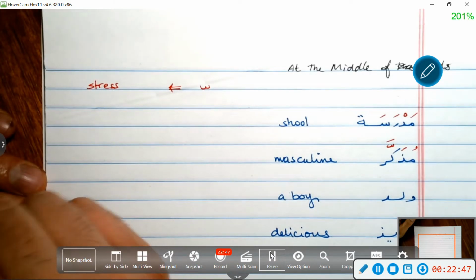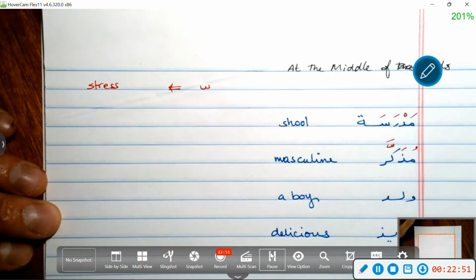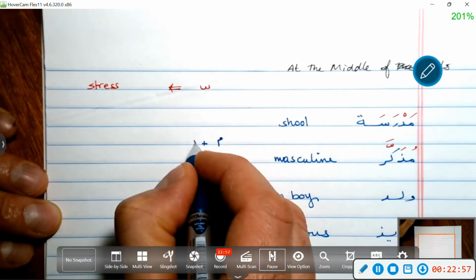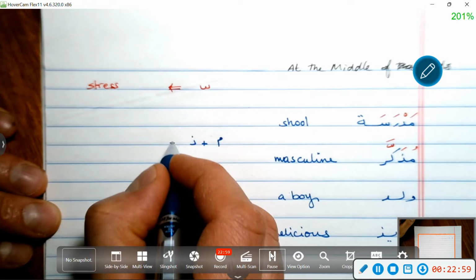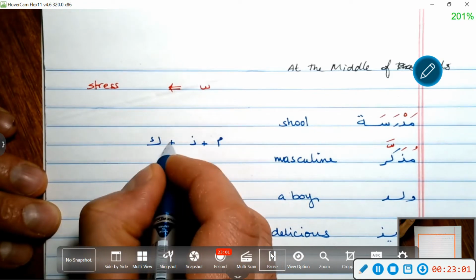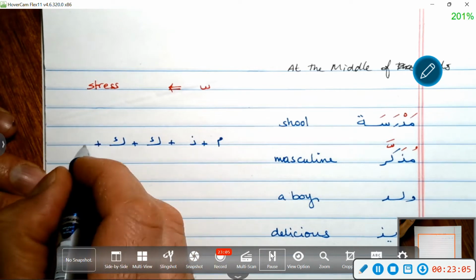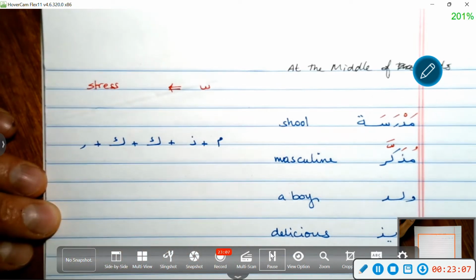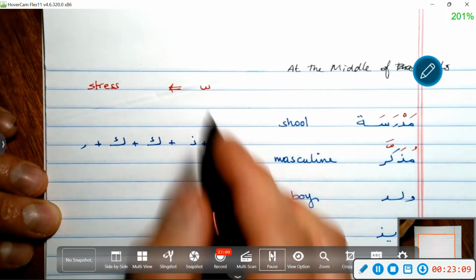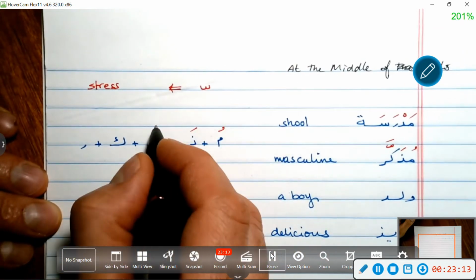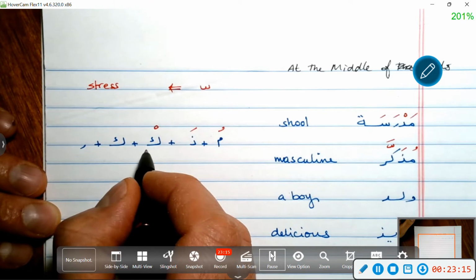When we say mudakkar, if you want to analyze the word mudakkar, it's going to be mim plus dal plus kaf plus kaf plus ra. And the harakat is going to be as following. Mu, dak, sukun above the first kaf and fatha above the second kaf.